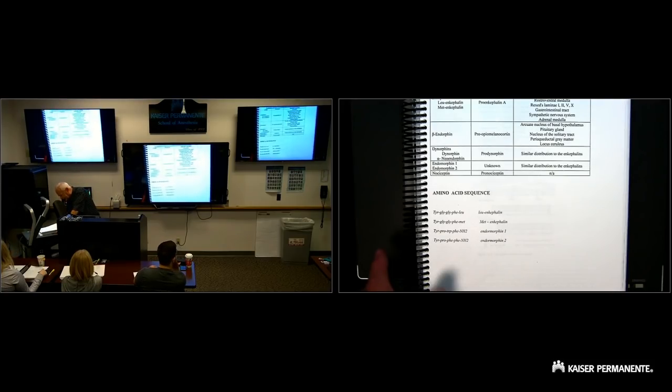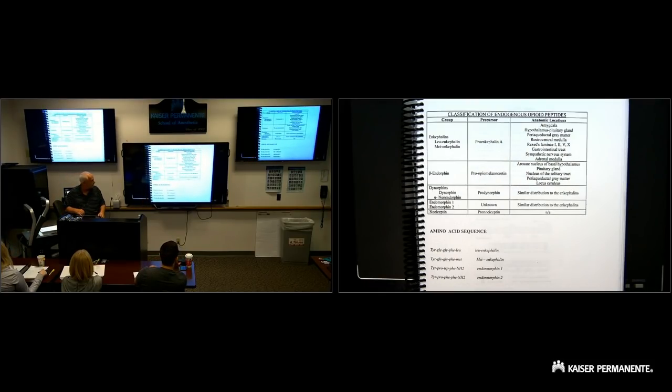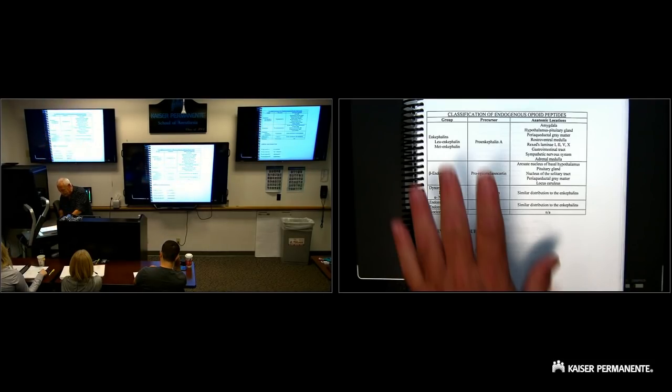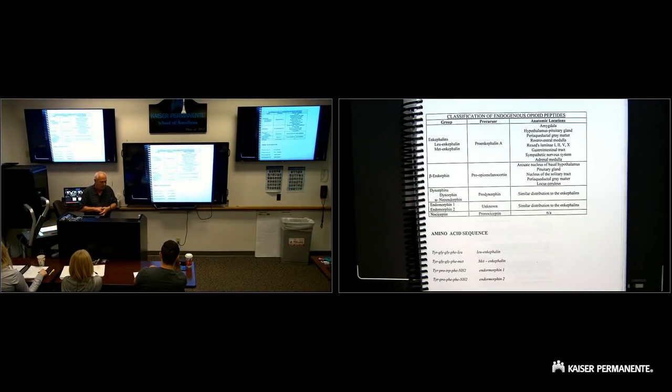Page 215. So there are two enkephalins we know of. They're called leu-enkephalin and met-enkephalin, and they're called that because they're actually pentapeptides. They're 5 amino acids long, and the first 4 amino acids are the same in each one, right down on the bottom here: tyrosine, glycine, glycine, phenylalanine.